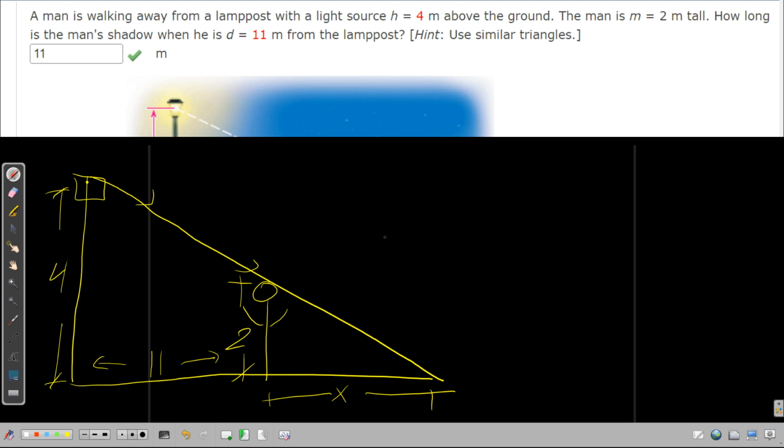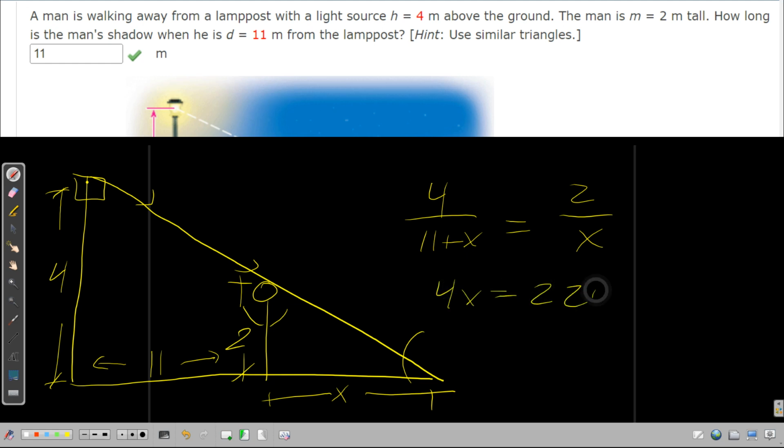So the outer triangle is similar to the inner triangle because they have this same angle. So 4 over 11 plus x is similar to 2 over x. Well then 4x is equal to 22 plus 2x, and you can take it from there.